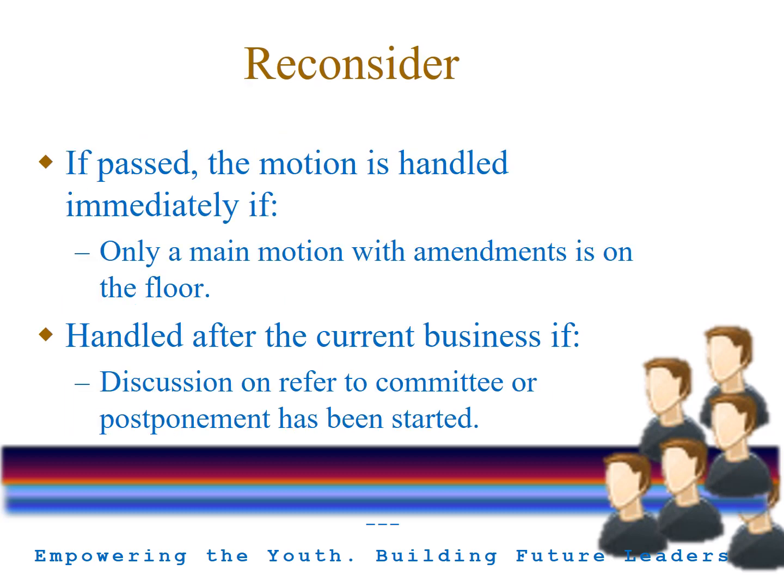If passed, the motion is handled immediately if only a main motion with amendments is on the floor, handled after the current business if discussion on referred to committee or postponement has been started. That's a motion for reconsideration.